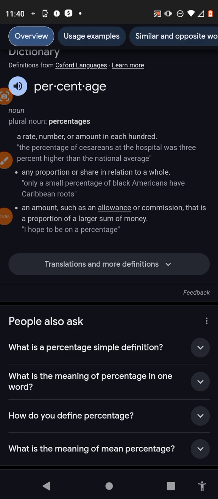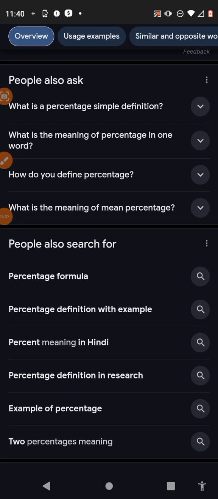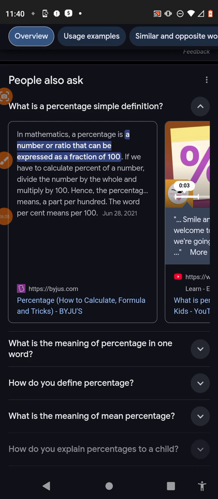In mathematics, a percentage is a number or ratio that can be expressed as a fraction of 100. If we have to calculate percents of a number, we divide the number by the whole and multiply by 100.